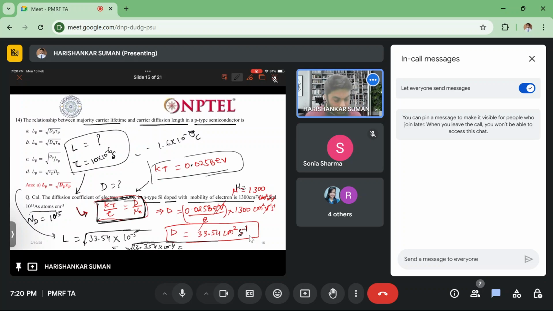3.354, which is around 1.83 into 10 to the power minus 2 centimeter, or around 18.3 millimeter.